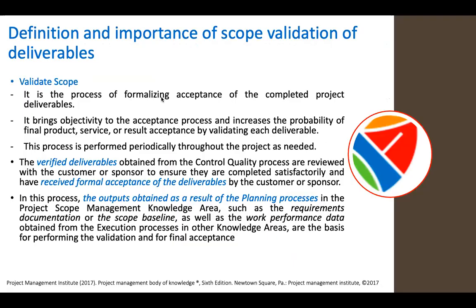Okay, so definition and importance of validate scope, validation of deliverables. Validate scope means we need to validate whether scope is completed or not. It is the process of formalizing acceptance of the completed project deliverables. It brings objectivity to the acceptance process and increases the probability of final product, service, or result acceptance.